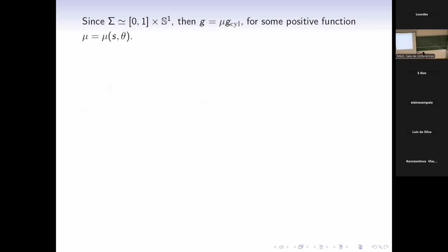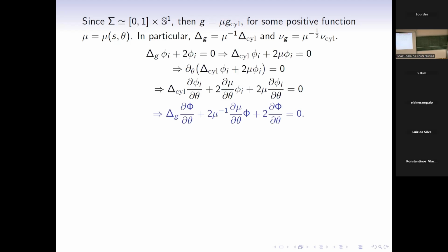Well, we have an annulus, so it is conformal to the cylindrical metric, right? And mu here is a positive function. So to prove that the surface is rotational, the first thing that you need to prove is that the metric is rotational. So we need to prove that this function here does not depend on theta. Okay?